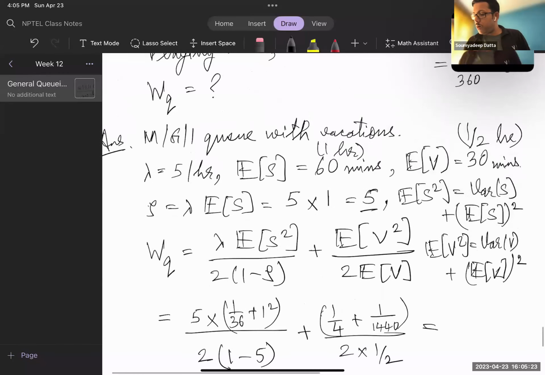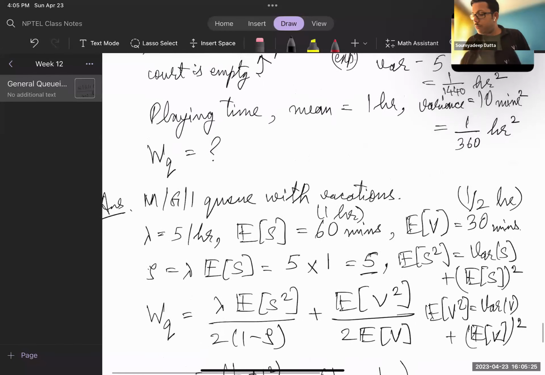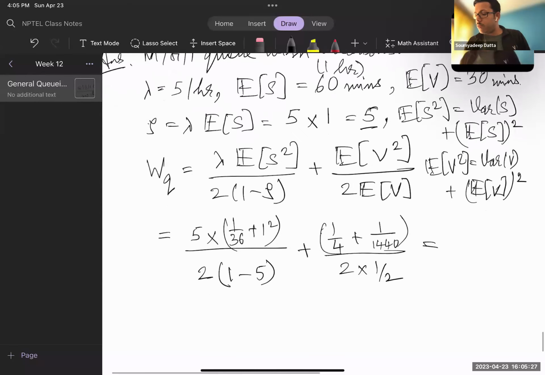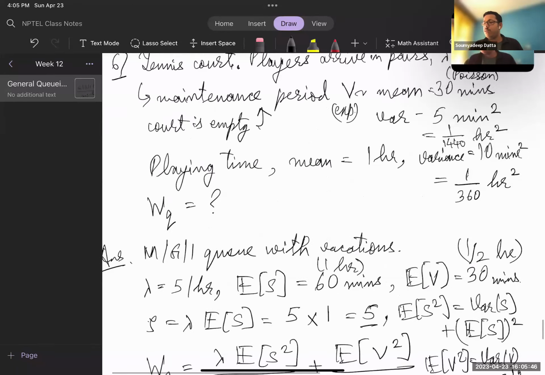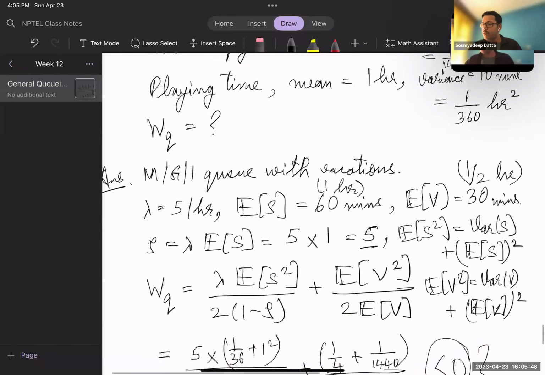We need to check this value. It might come out to be something that is negative. That's what I'm fearing, which means that probably we won't have to wait. But yeah, I didn't choose values carefully.